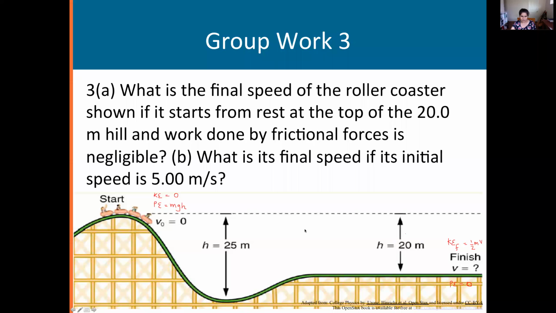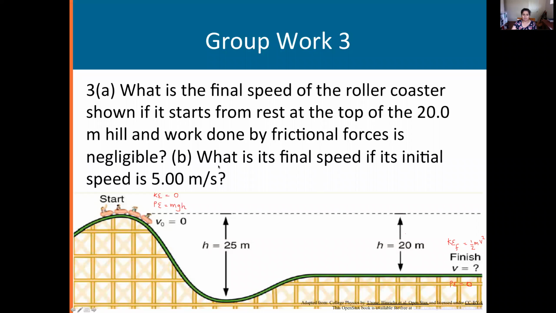Since there's no initial velocity, I don't need to really write v_f, I can just write 1/2 mv squared. So this is my total final energy. I can set 1/2 mv squared equals mgh. The two m's will cancel out, and I can find the velocity v squared because there are no non-conservative forces. Okay, that's all of part A.